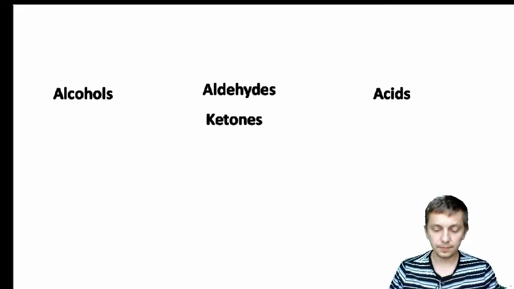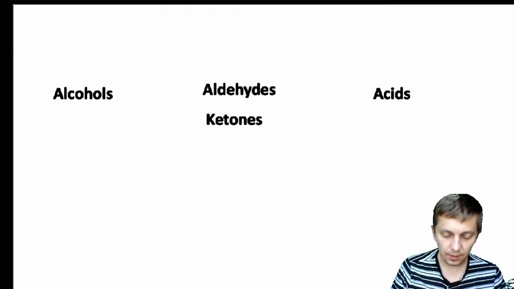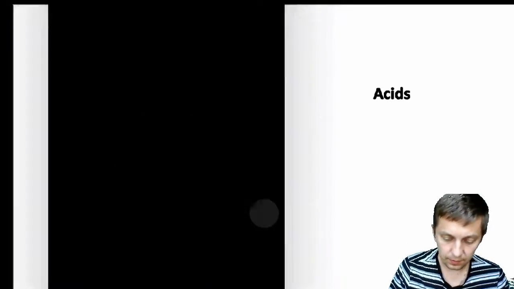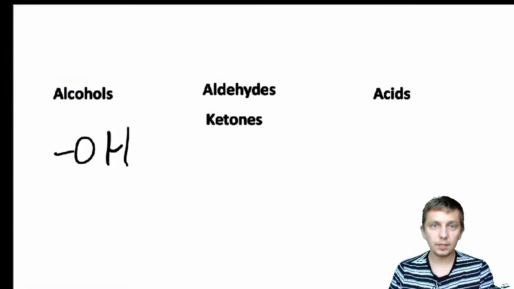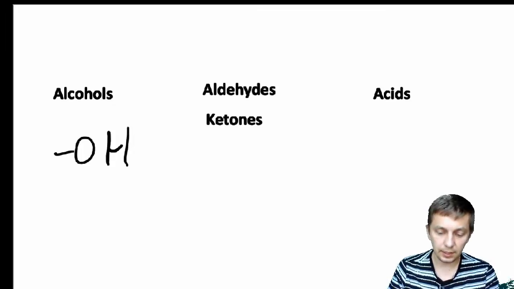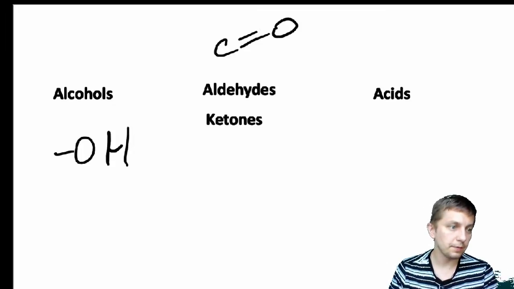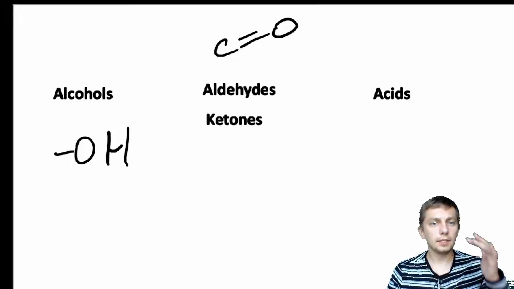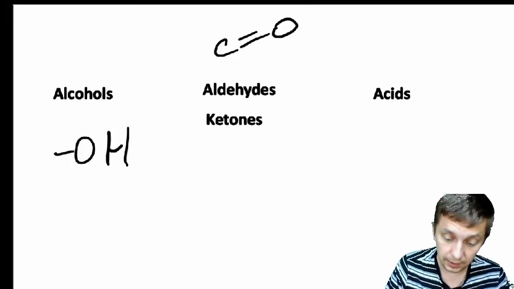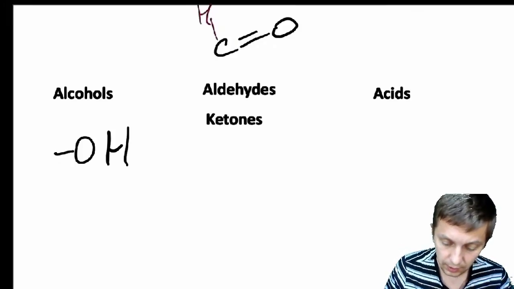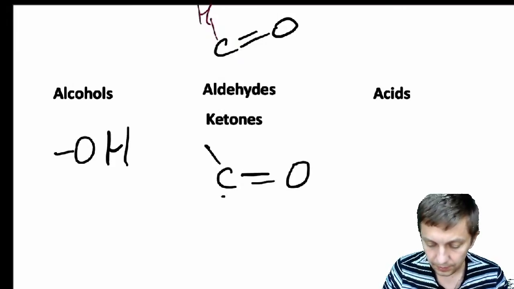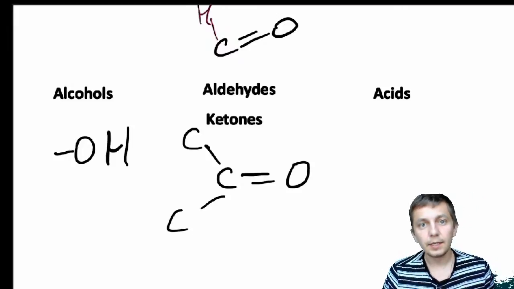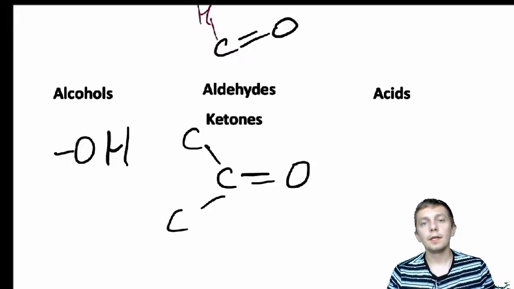In alcohols, we have OH groups. In ketones and aldehydes, in both cases we have a CH group, but in aldehydes we additionally have H, while in ketones both connections are carbon only.